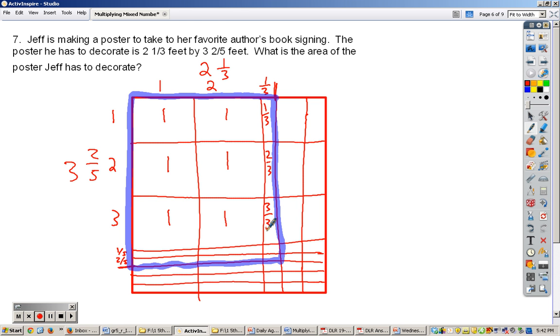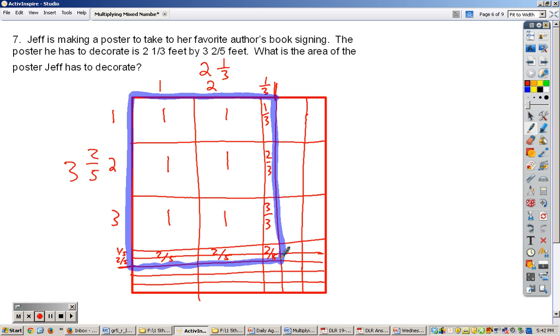Across the bottom, I have 2/5 in these two columns. So 2/5 here, 2/5 here, and then this whole number I had to break up into 15. 1, 2, 3, 4, 5, 6, 7, 8, 9, 10, 11, 12, 13, 14, 15. But I've only highlighted 2 of these 15s as part of my area. So here I have 2/15.